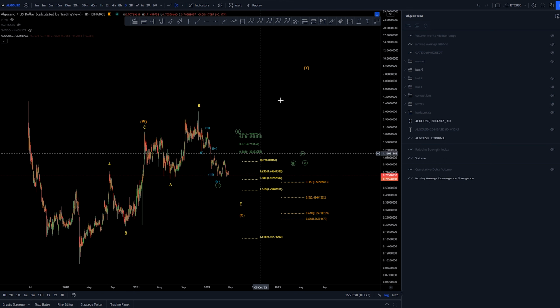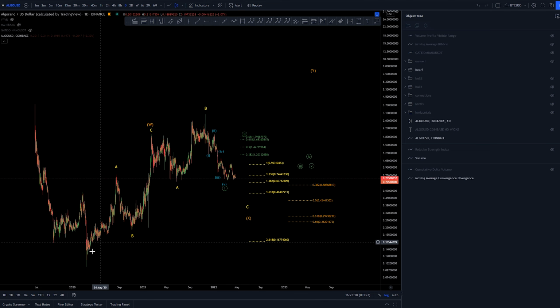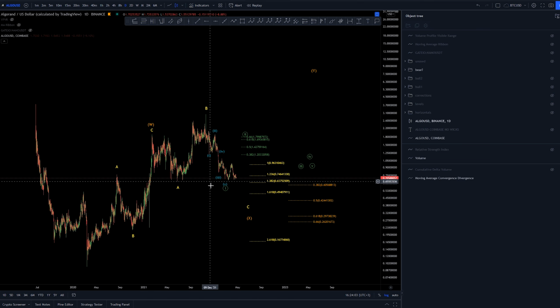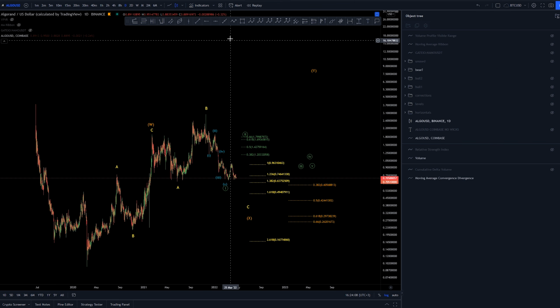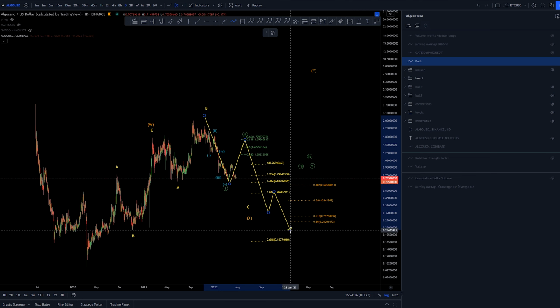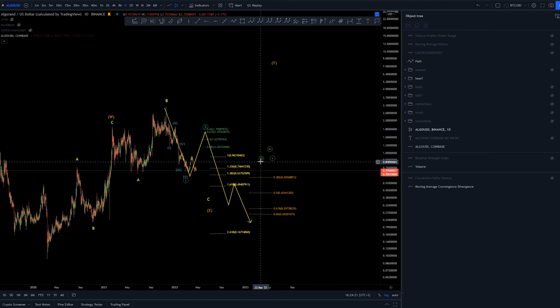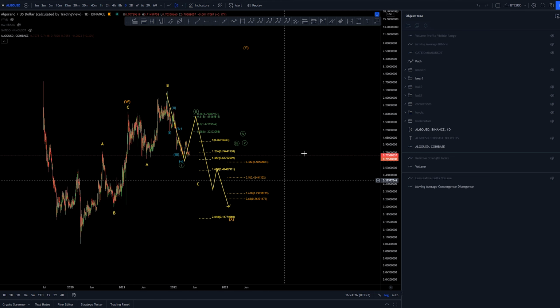Even though the WXY correction can get really wonky and it doesn't really have proper ways to analyze it, except to say that there are 3 waves on each move. And yeah, it could still be that this is actually just the first leg of the C wave, and we have this 1, 1, 2 here, then 3, 4 and 5, bringing the price really down, at which point we would have the X wave here, and then we would be launching up.